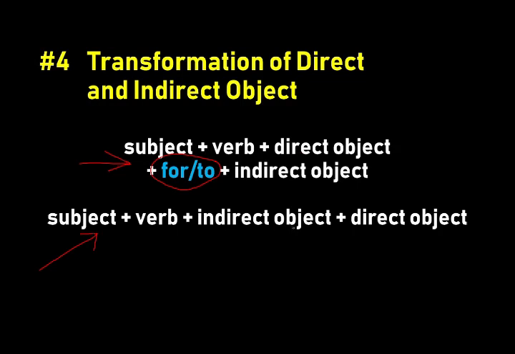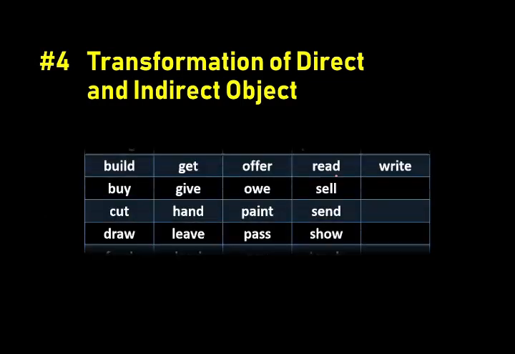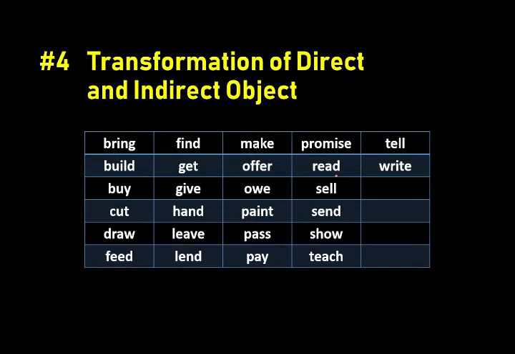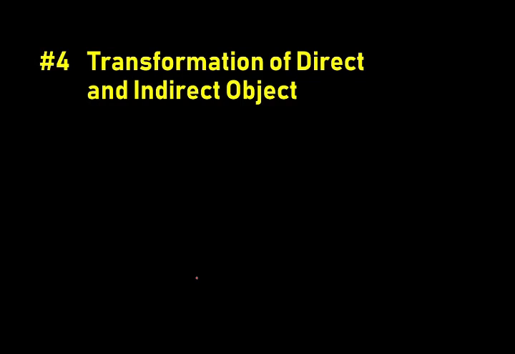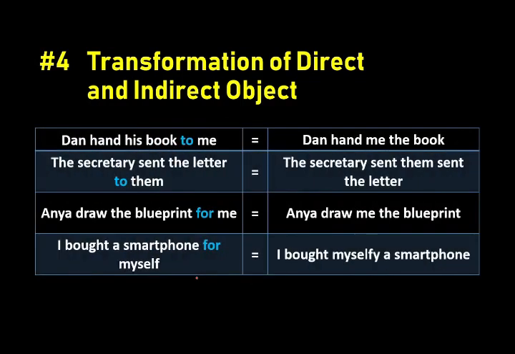It's only a swap of position between indirect and direct object. And here are some verbs that allow this transformation, and here are the examples.